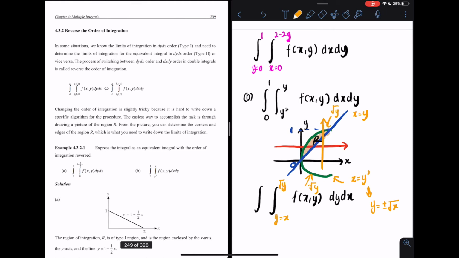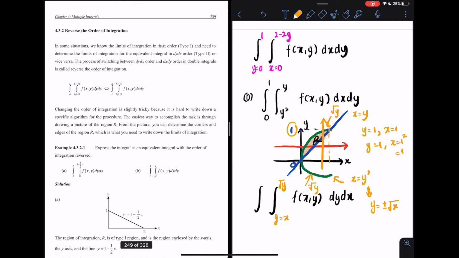So right now, since the value here is 1, by using either expression, you will end up with the same value for the x coordinate, which is the point of intersection over here. So when y is equal to 1, x is equal to 1, or when y is equal to 1, by using the other equation, x is equal to 1 squared, which is also 1.